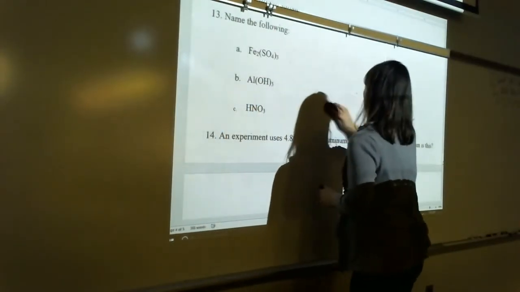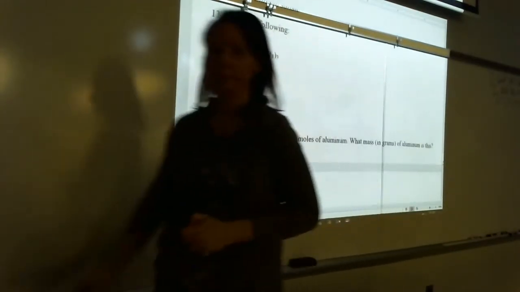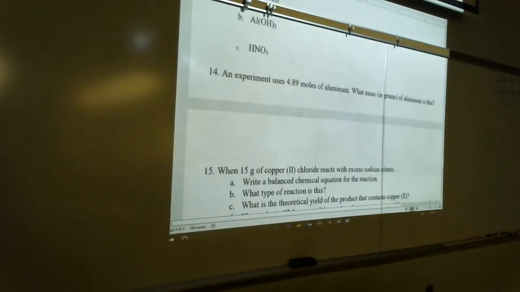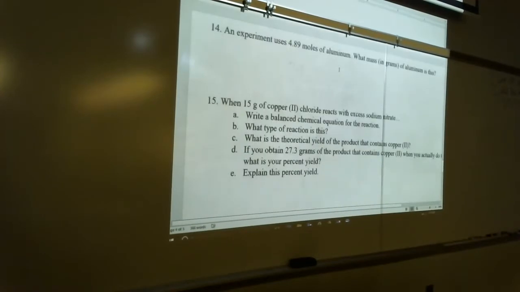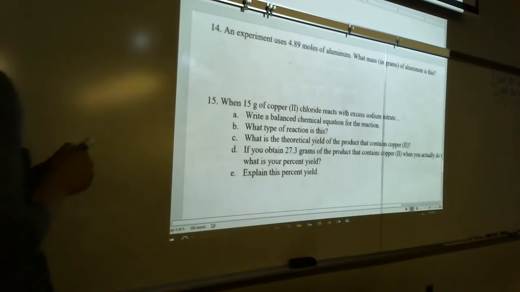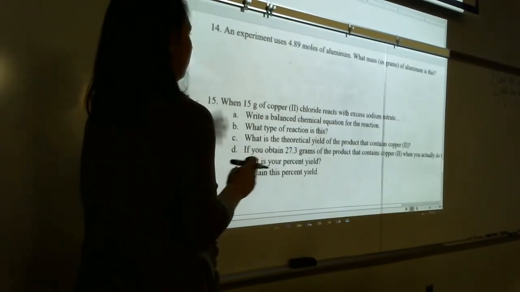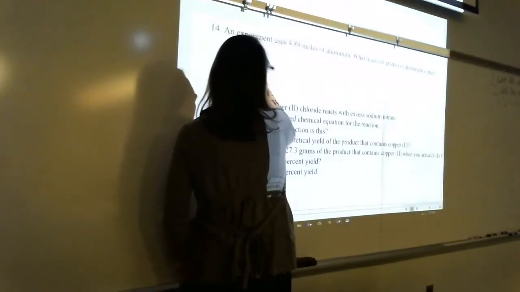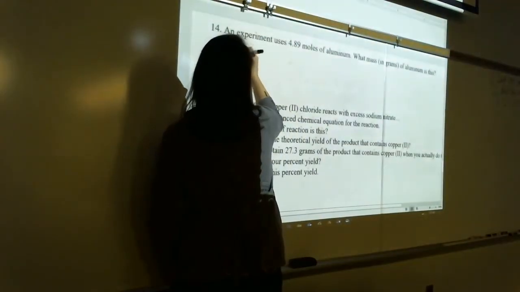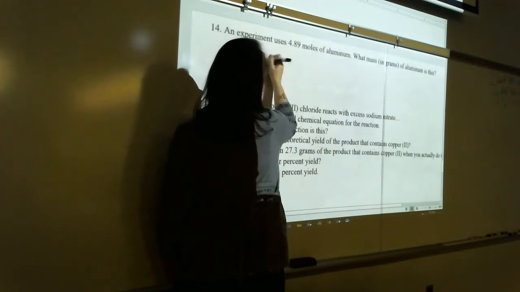Let's move on to 14. All right, an experiment uses 4.89 moles of aluminum. What mass in grams of aluminum is this? So we're converting moles to grams. So 4.89 moles aluminum.